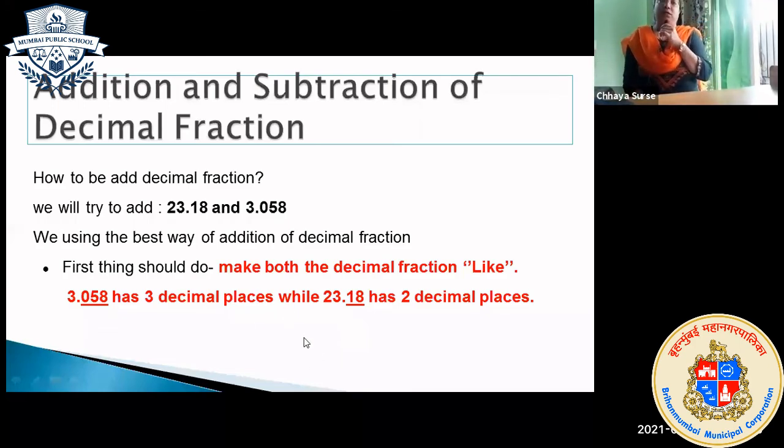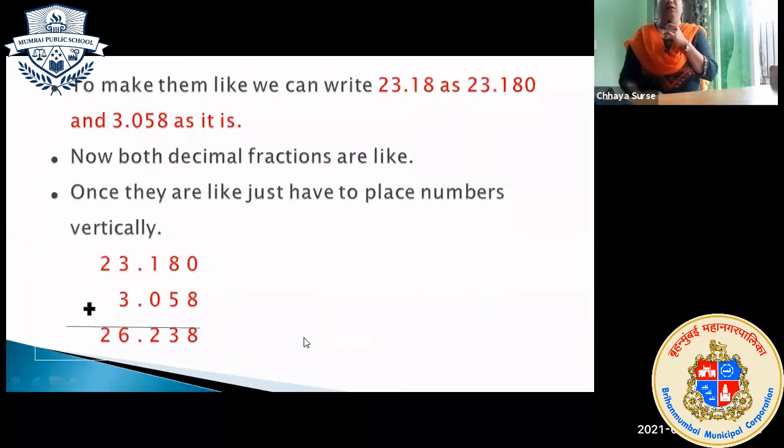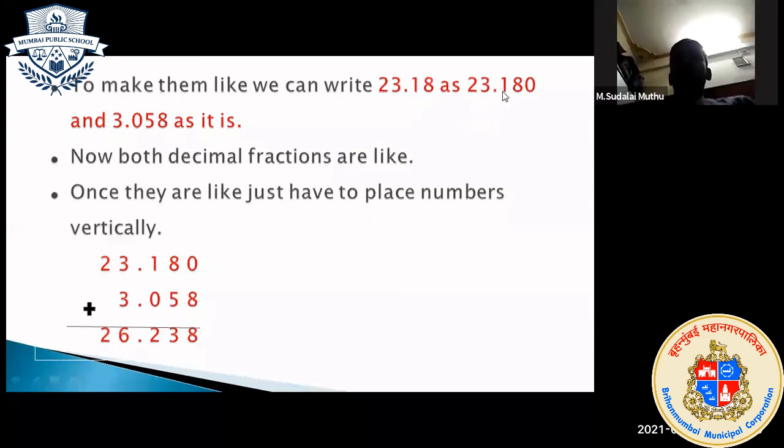So next, to make them like, we can write 23.18 as 23.180.